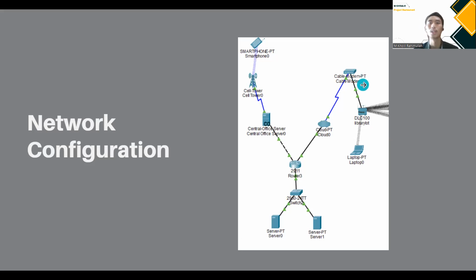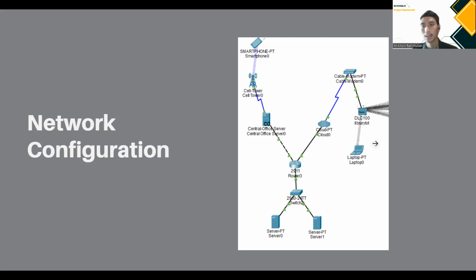To get a strong signal, we add more modem cable here, and this is also important, the DLC 100 library IoT. This is what we call a gateway. I just want to give a little definition: it performs protocol converting so that two different computer network architectures can communicate.